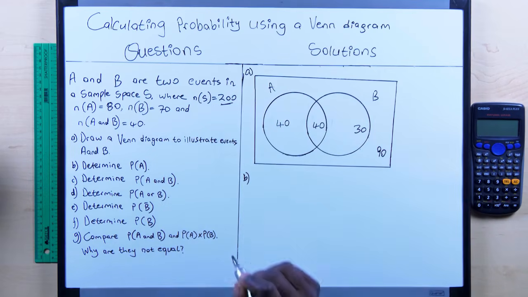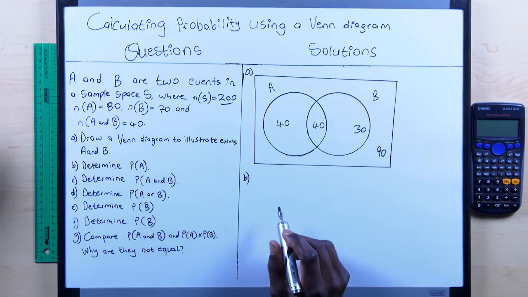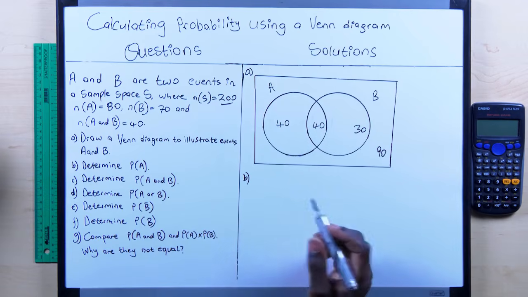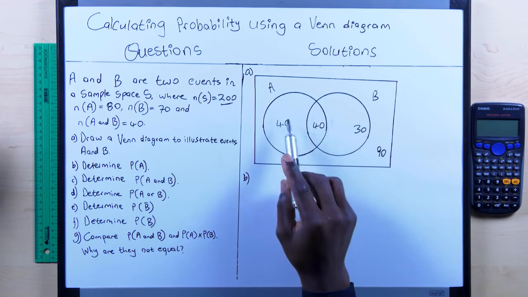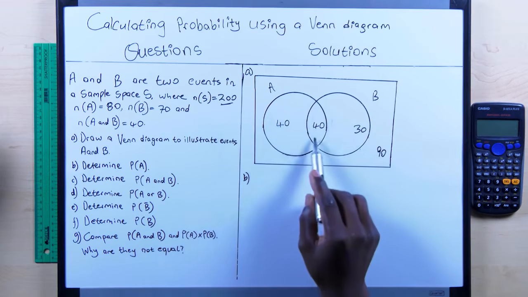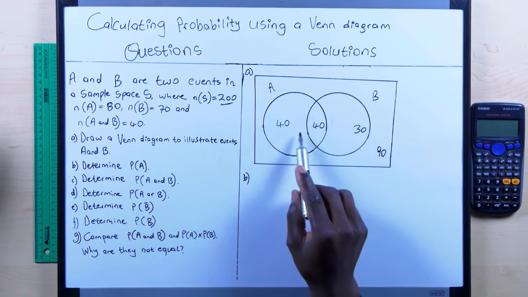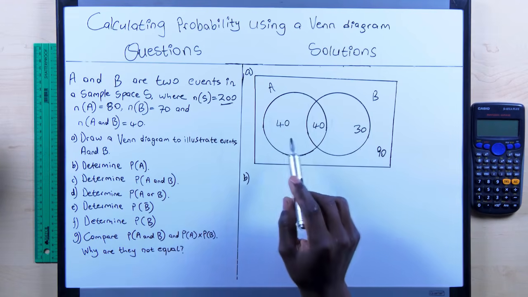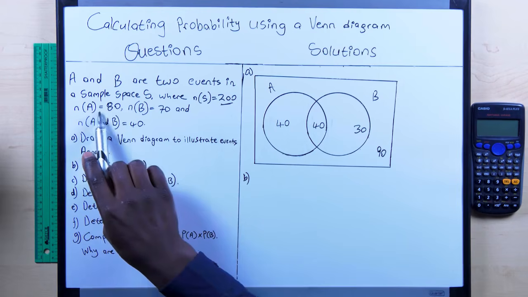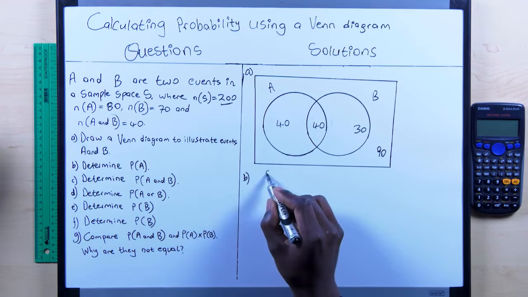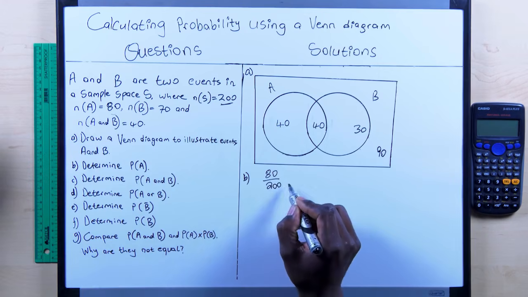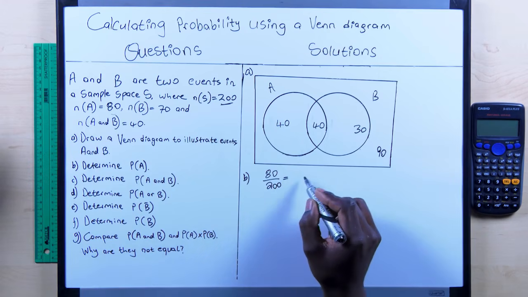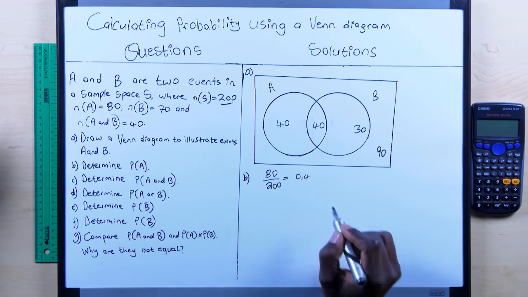Number B, determine the probability of event A. So if you see event A has 40 and 40, which is 80. But you can also find it out here, which is 80. So it's going to be 80 over the total space of 200, which gives you 0.4.